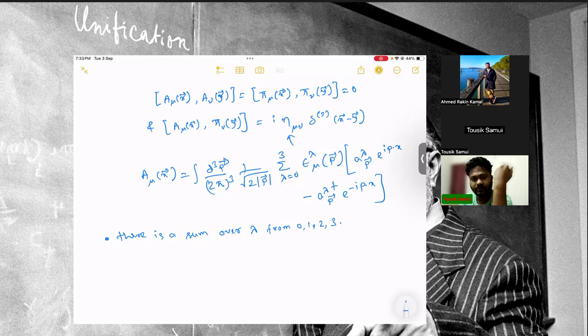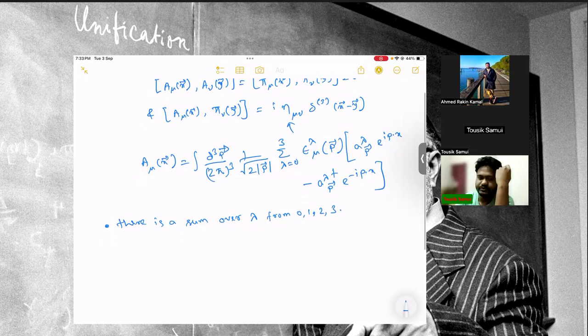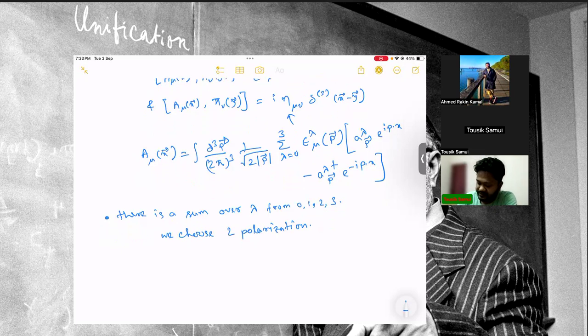So we had only 2 degrees of freedom there, and that is why we could choose 2 polarization bases. But here we are not imposing the Lorentz invariance in the operator. Rather, we will do it in the Hilbert space. So that's why here we have 4 polarizations.